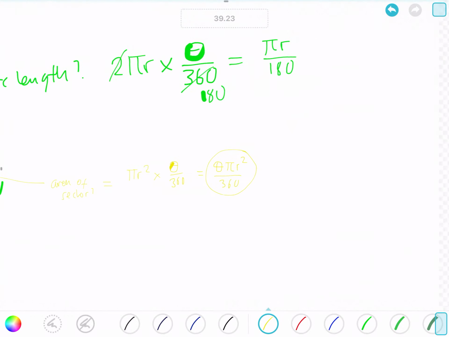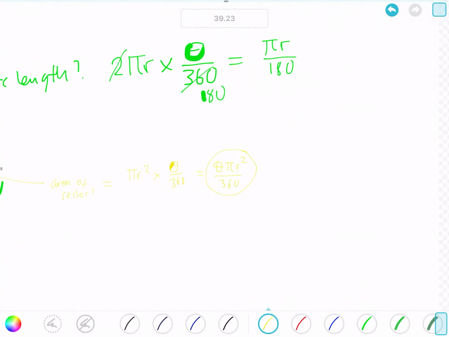And you see again, we can have a cancellation here, and if you simplify that and juggle it slightly, you end up with a half, which is the same as divide by 2, r squared theta, and that's the official formula for area of sector in radians.